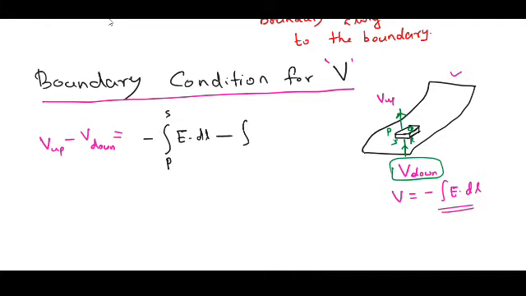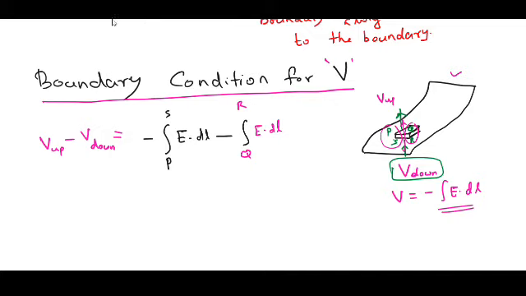minus, that is the normal. The abrupt change in the electric potential will be along the direction perpendicular to the surface. That is why we are taking PS, and another integration, that is QR, E dot dl.